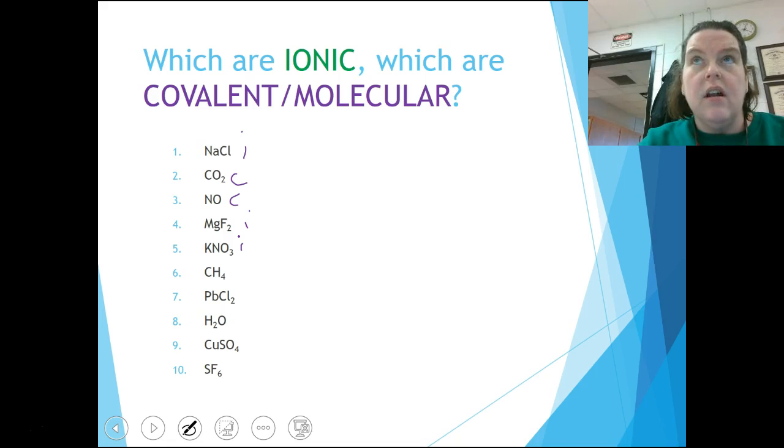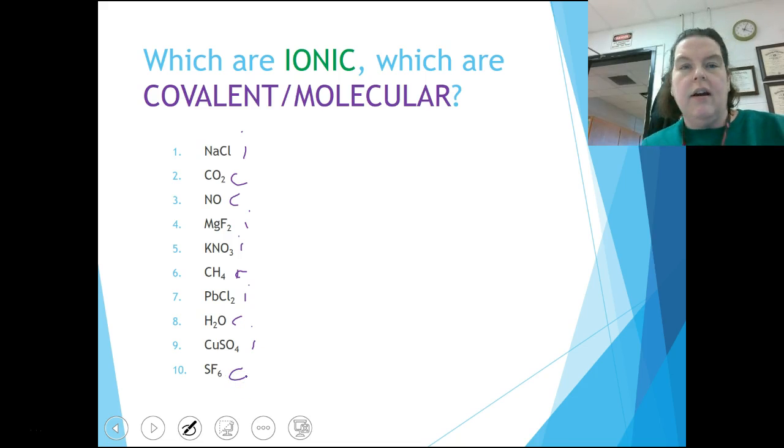CH4, C is a nonmetal, H is a nonmetal, so that's covalent. PbCl, Pb is a metal, lead, and Cl is a nonmetal, so that is ionic. H2O, H is a nonmetal, O is a nonmetal, so that is covalent. CuSO4, Cu is a metal, S and O are both nonmetals, so that's ionic. SF6, sulfur and fluorine, both nonmetals, so that is covalent.